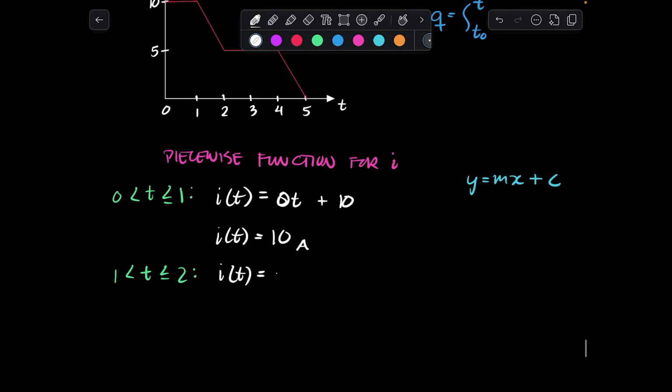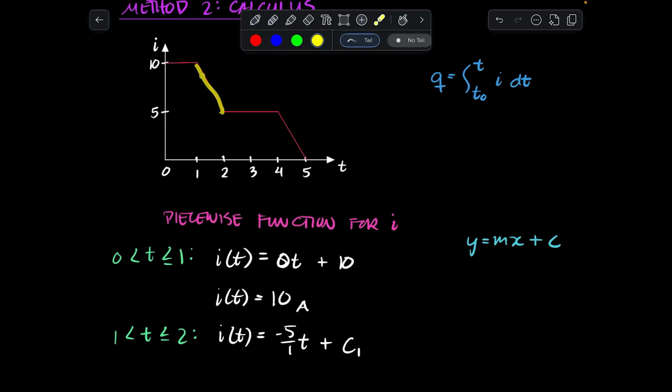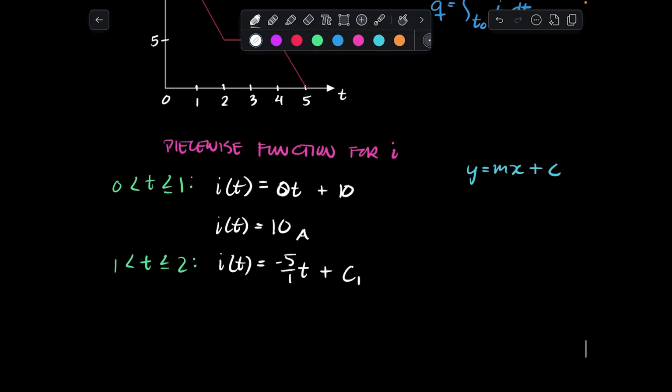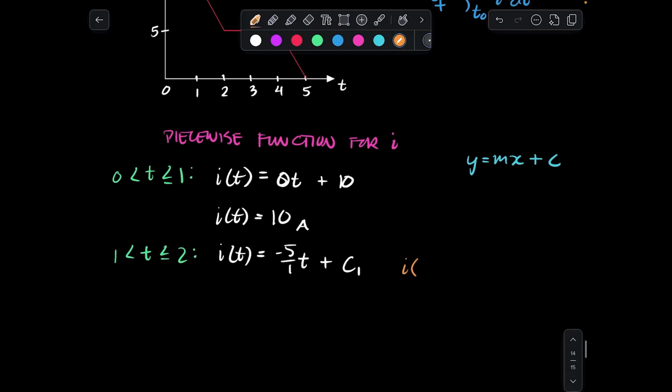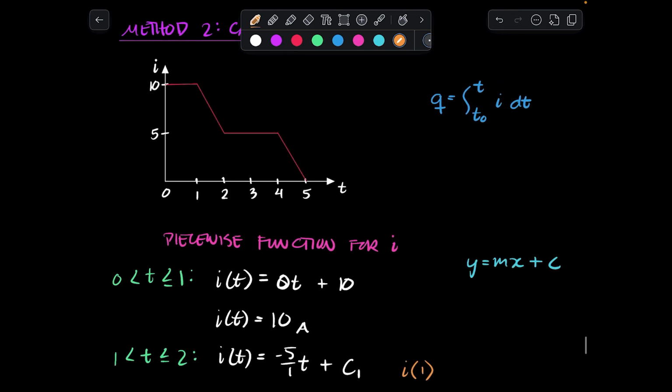And so we have -5 over 1 times t plus, we have some constant here, c sub 1, for where this slope intercepts the y-axis, somewhere here. Now we can find this value of c sub 1 by just plugging in some value of I.